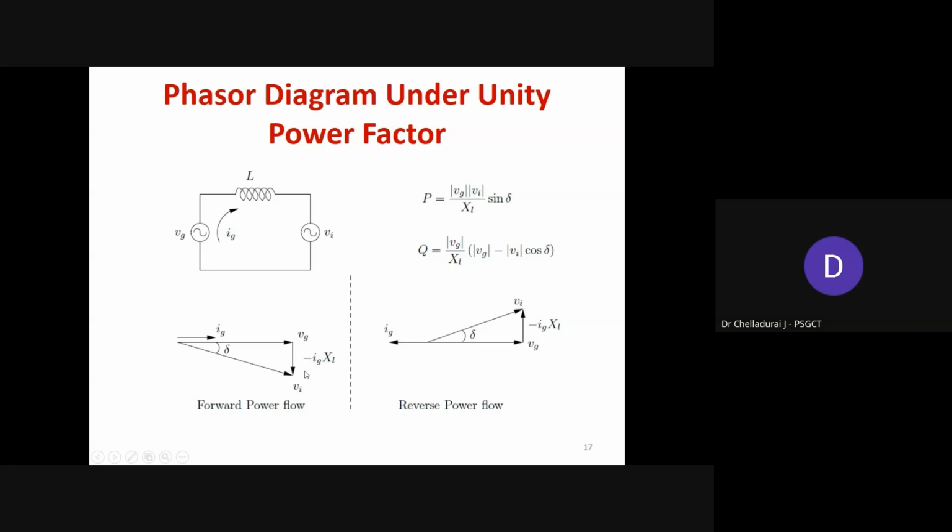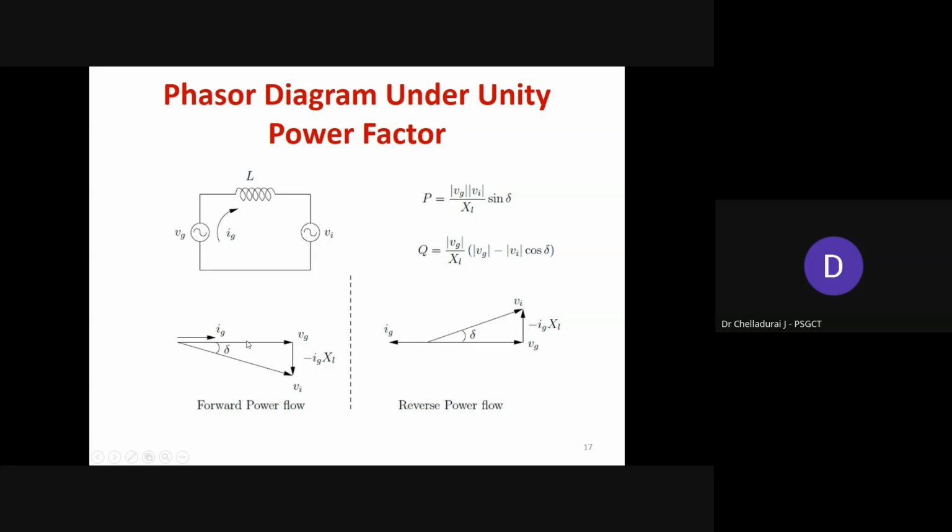With respect to VG, the VI voltage lags by an angle delta, the VI voltage magnitude is greater than that of VG, and the current IG is in phase with VG.